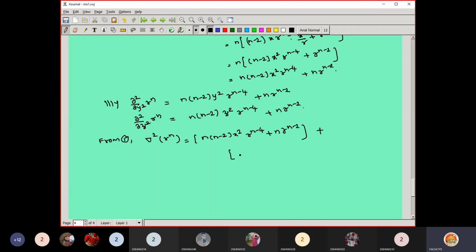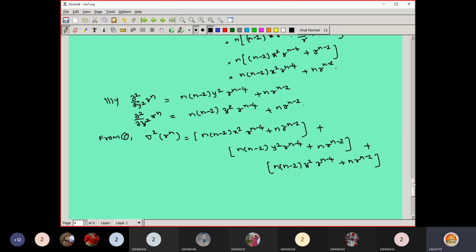Plus coming to the second one, n minus 2, it is y square r power n minus 4 plus n r power n minus 2, and plus the third one. So n minus 2 z square r power n minus 4 plus n r power n minus 2. You are just substituting the calculated values here. So now look at the first expression.